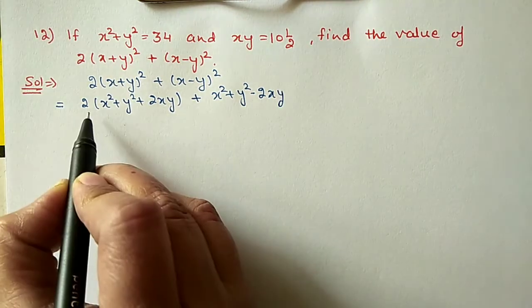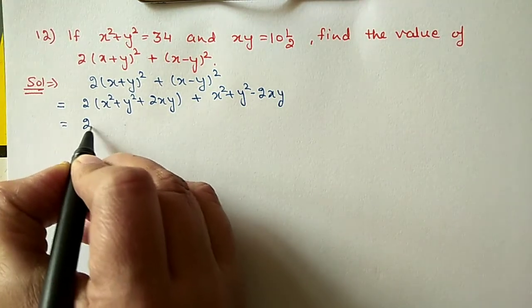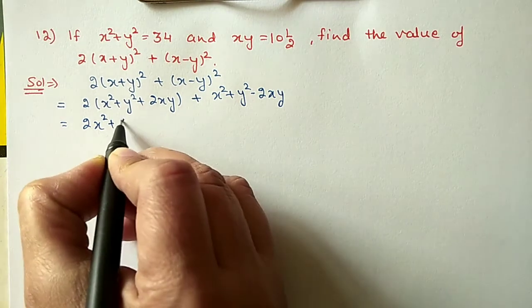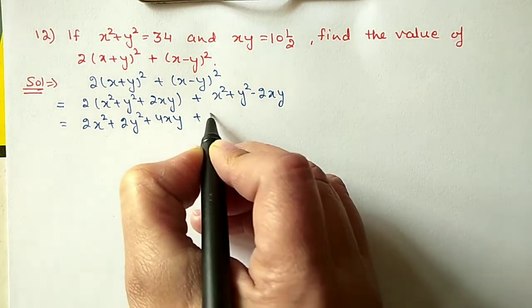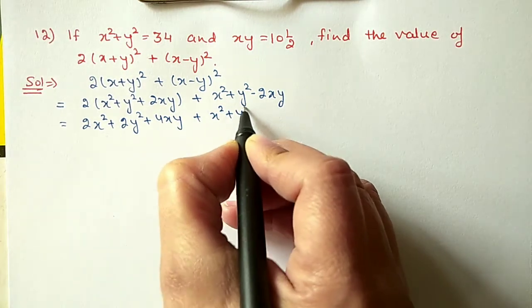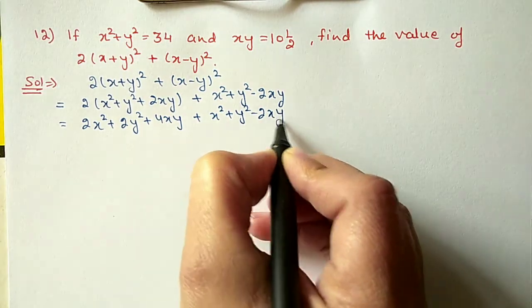Now this first one we have to multiply with 2, so it will become 2x square plus 2y square plus 4xy, plus x square plus y square minus 2xy.